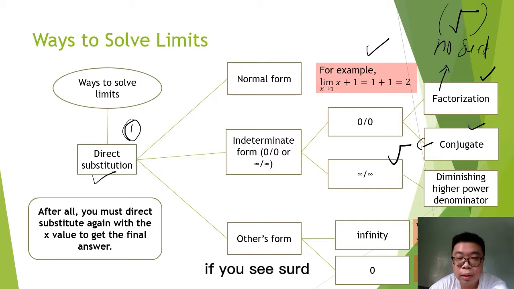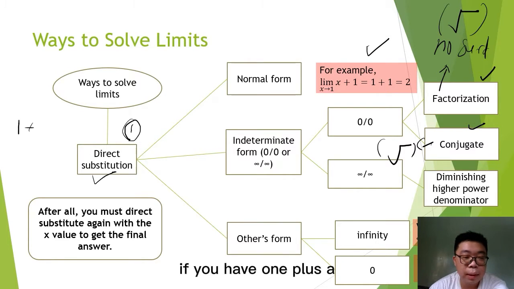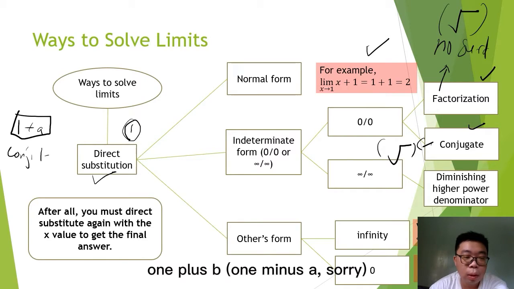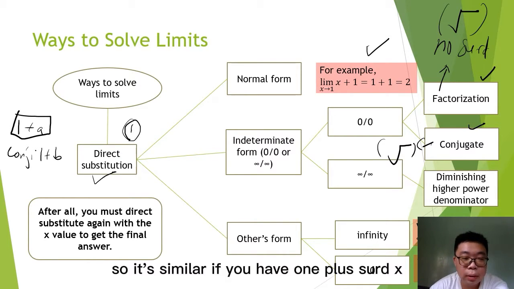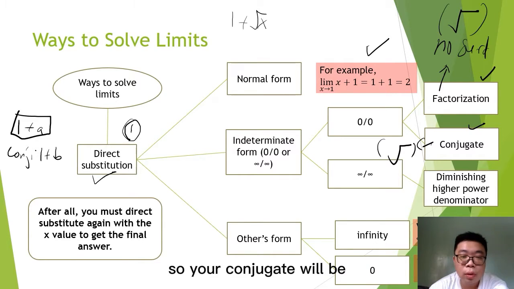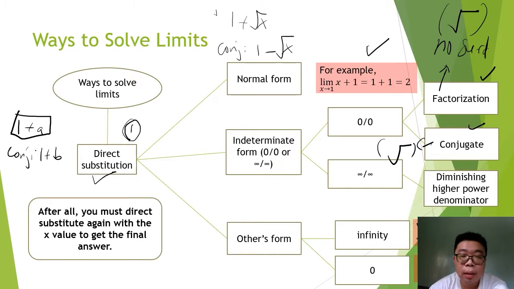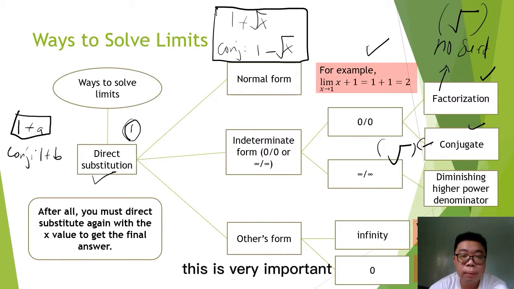If you see a surd, you will use conjugate. So this is the difference. What is a conjugate? If you have 1 plus A, your conjugate will be 1 minus A. Similarly, if you have 1 plus the root of x, your conjugate will be 1 minus the root of x. This is very important.